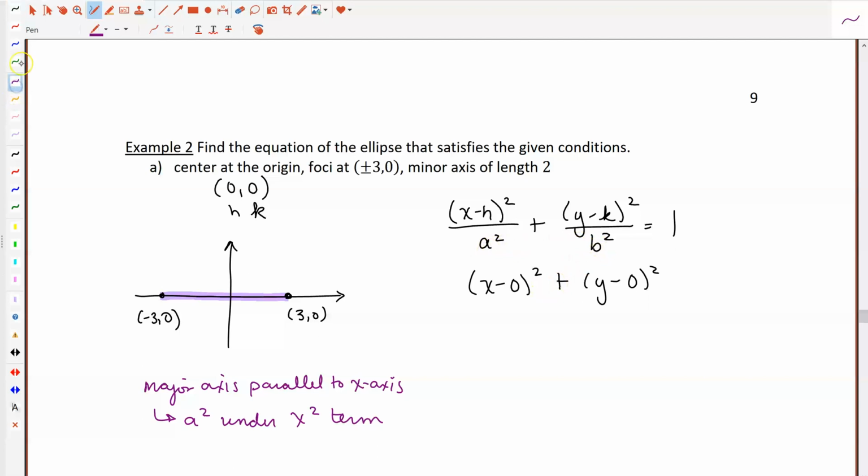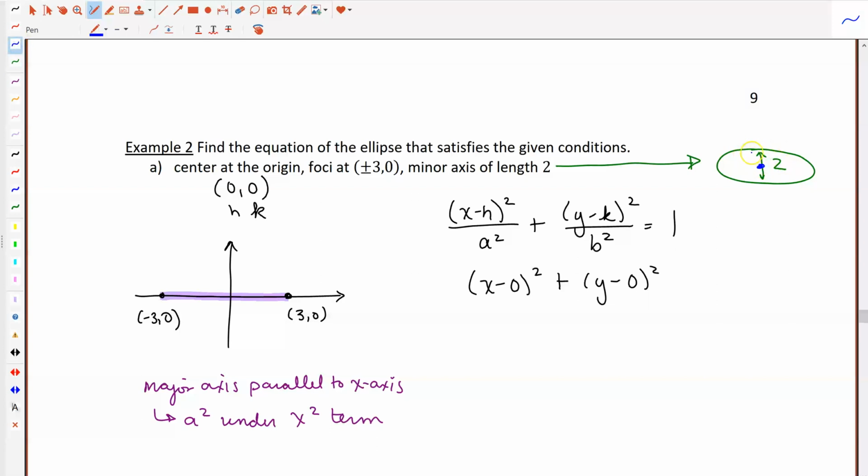So next thing is they told me the minor axis has length 2. Okay, so maybe just sketch out a real quick thing on that. If this is going to be my minor axis, and that has length 2, the value we want here is from the center to the edge.